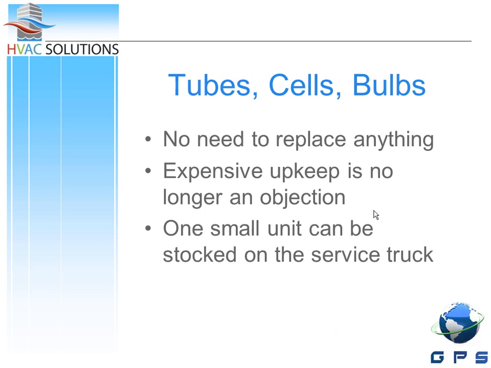The bad news is you never have to go back. So depending on which way you look at it, it's nice because homeowners and business owners are happy that they only have to pay for it once, and there's nothing to replace ever again. But on the same token, that's the bad news because you're not selling a bulb or a cell every few years.